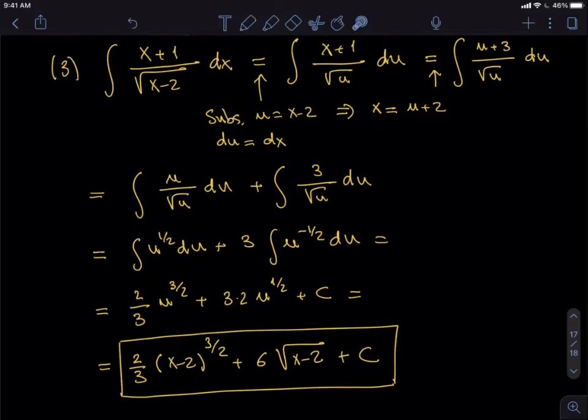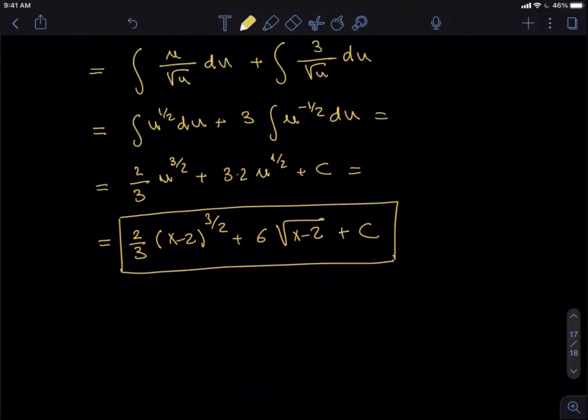So here we have this function, the antiderivative. When we apply the derivative and the chain rule and simplify, it becomes (x plus 1) divided by the square root of x minus 2. And then it's kind of difficult to connect the two of them, at least by guessing. So it requires a bit of a process, this process of substitution.